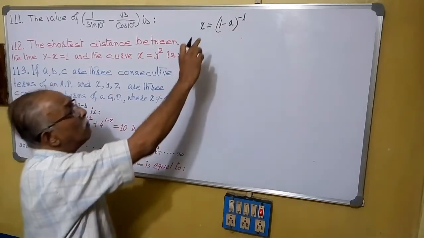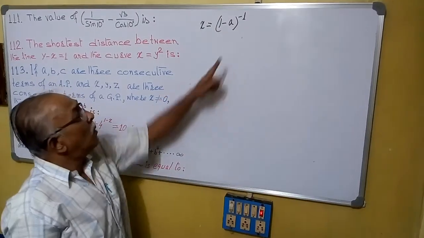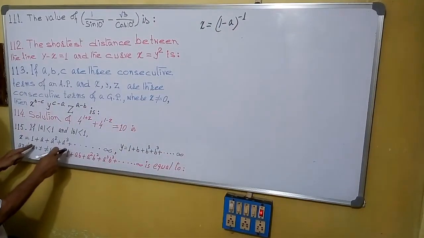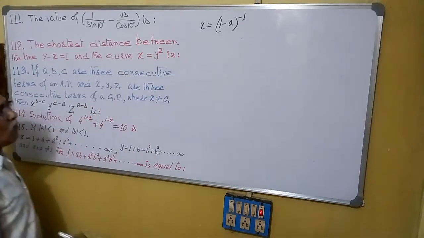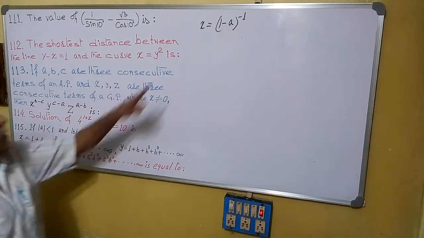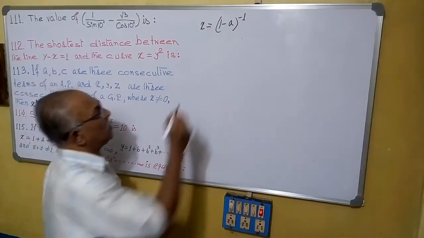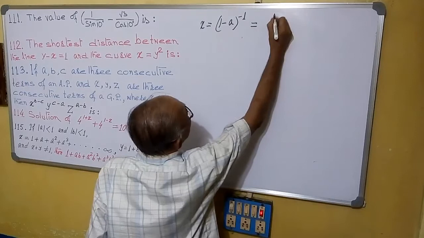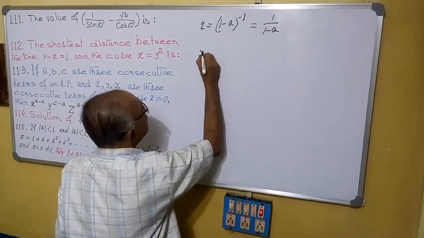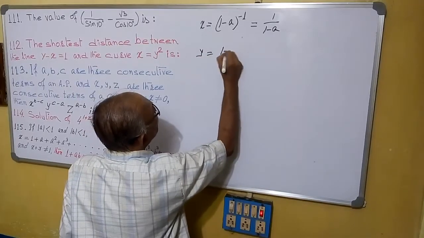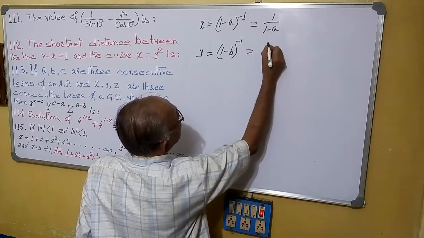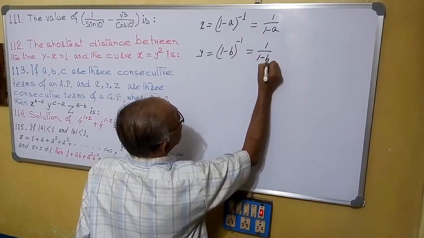This is binomial theorem we have done for negative integral index. You have to know this for negative power of binomial theorem. This we can write 1 by 1 minus a. Similarly, y equals 1 minus b whole to the power minus 1, which is 1 by 1 minus b.